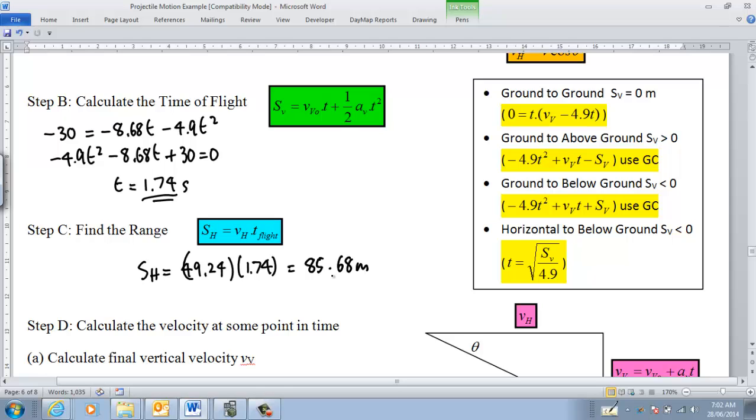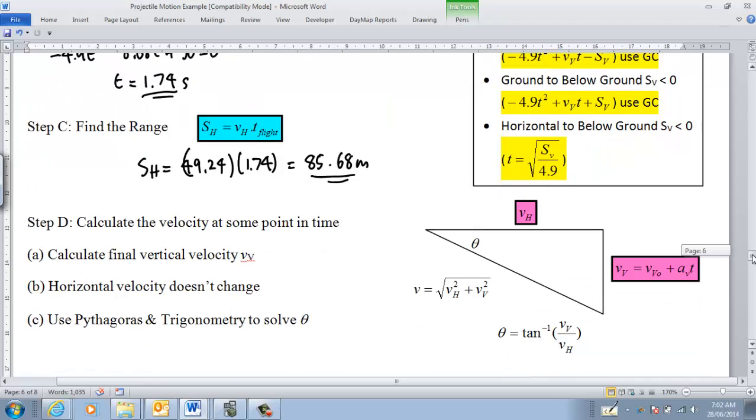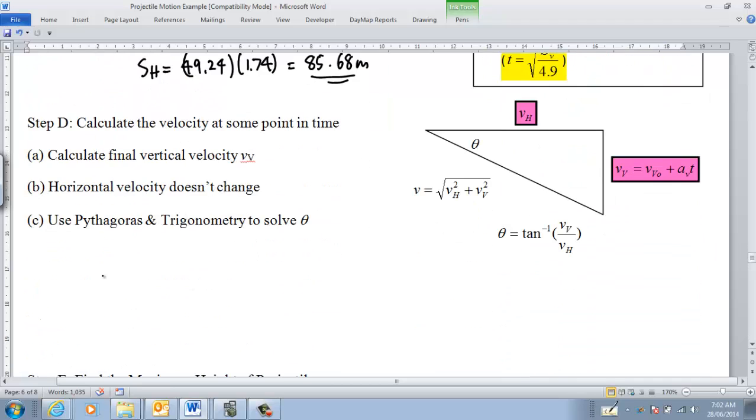85.68 metres. Okay, to work out our vertical velocity, or our velocity when it hits the ground, remembering this is starting off with a negative velocity, our VV is equal to our VV0 plus AT, so that's minus 8.68 take 9.8 times the time of flight 1.74. So it's going to get bigger, isn't it?